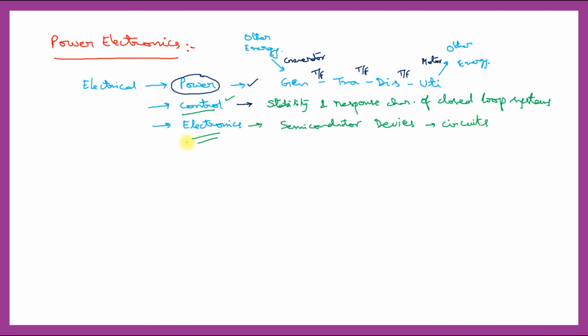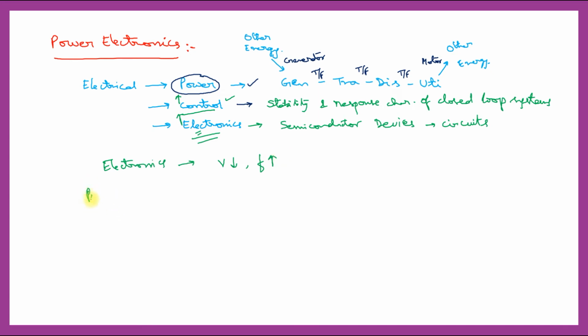For power, we need to control the electrical power, so we should definitely have electronics. But what is the difference between electronics and power electronics? Electronics definitely contains semiconductor devices, and they operate at very low voltages and very high frequency.